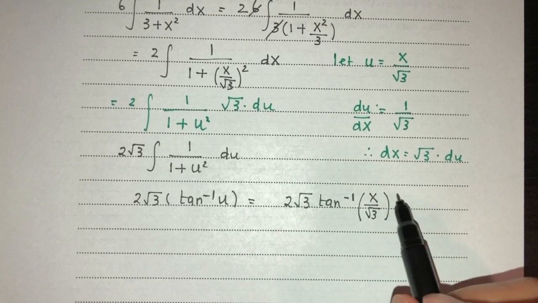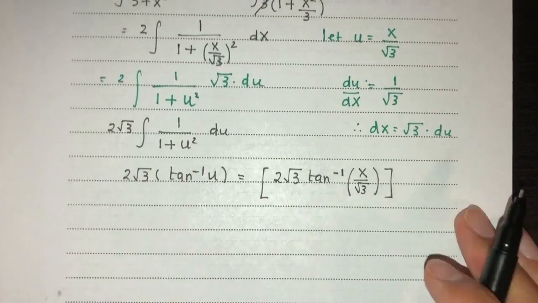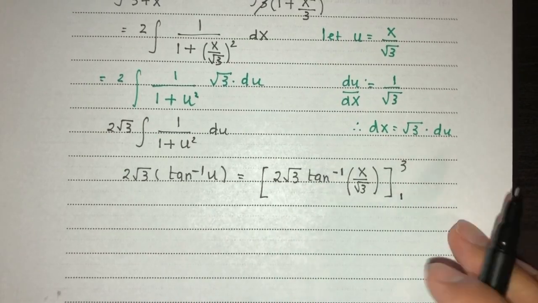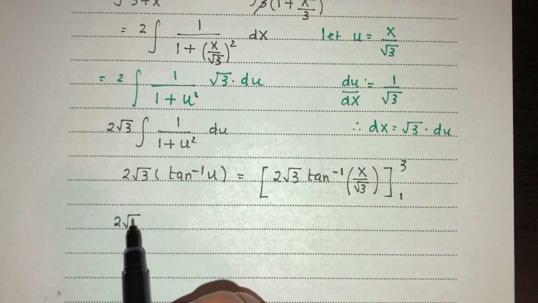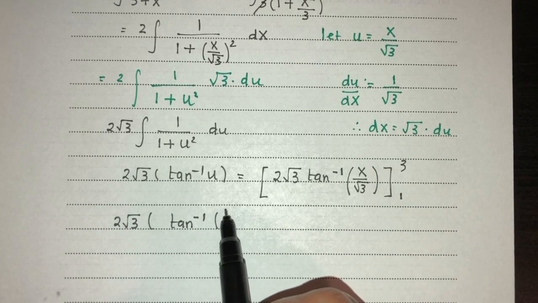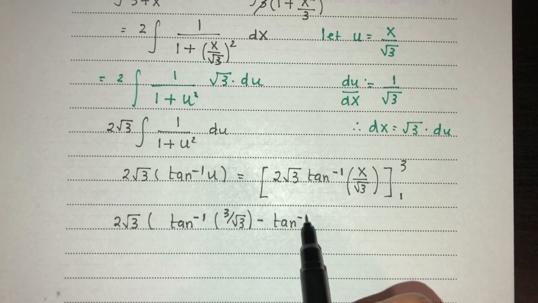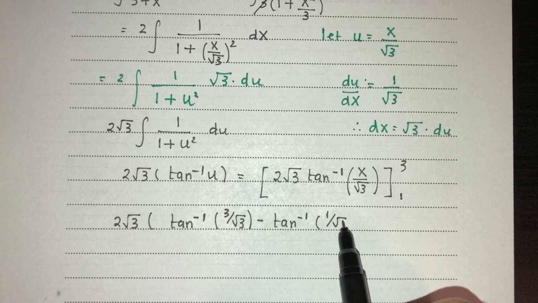Okay. So now the limits are between 3 and 1. So let's solve that. First let's take out this value. So we have tan inverse of 3 over root 3 minus tan inverse of 1 over root 3.